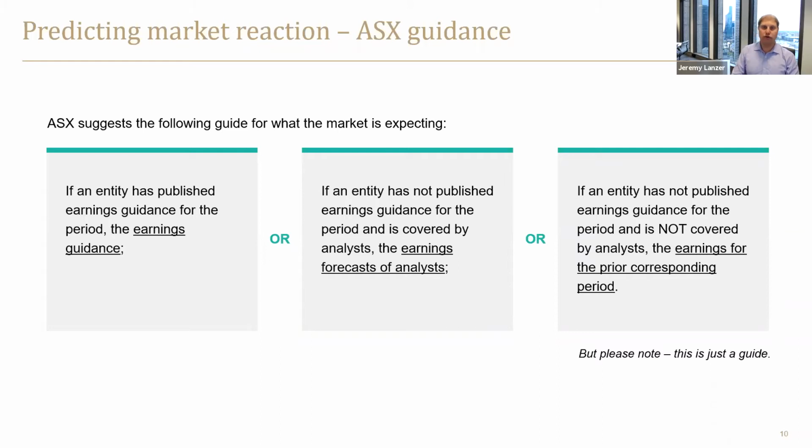A lot of companies don't publish guidance, and particularly in the last 12 months, most companies chose to withdraw their guidance because of the challenges around COVID and their inability to predict what was going to happen over the last 12 months.